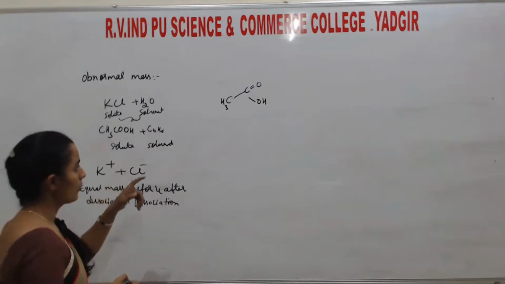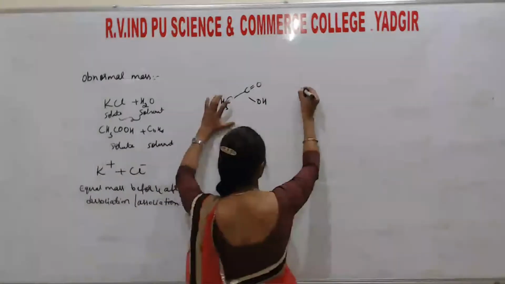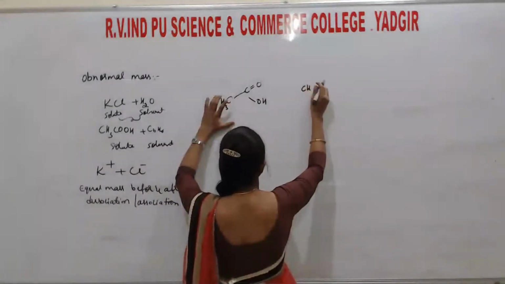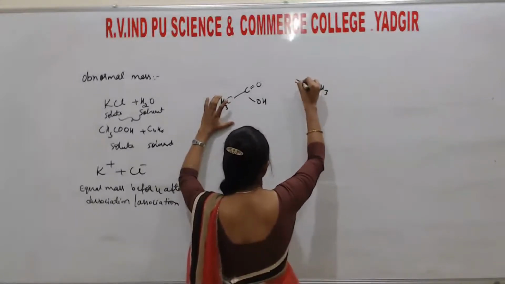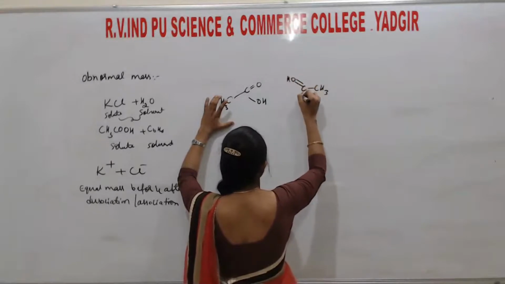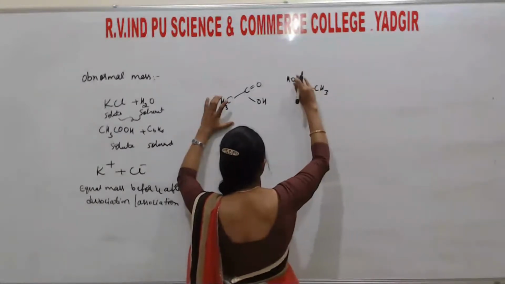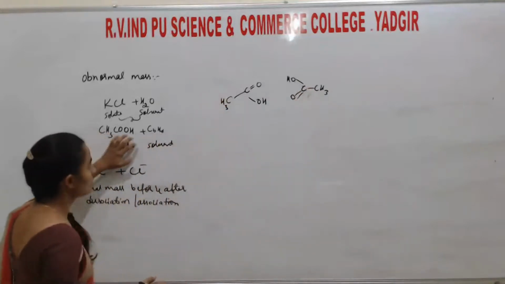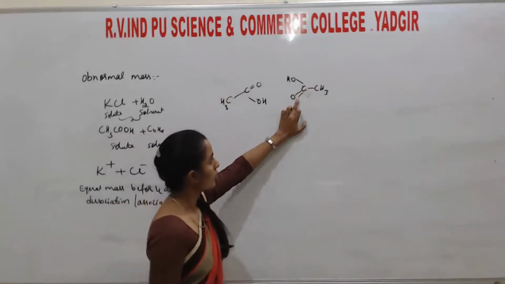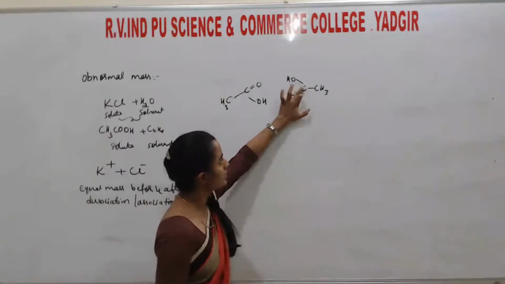CH3, C double bond O, OH. Here also CH3, C, OH, double bond. Both are CH3COOH and CH3COOH, arranged in this manner.